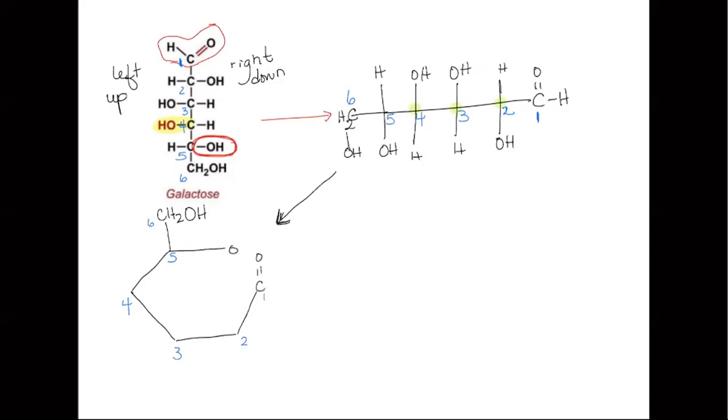So this is a C double bond O H. Then I add my OHs and my hydrogens. So on carbon number 2, my OH is pointing down. On carbon number 3, my OH is pointing up. On carbon number 4, my OH is pointing up.